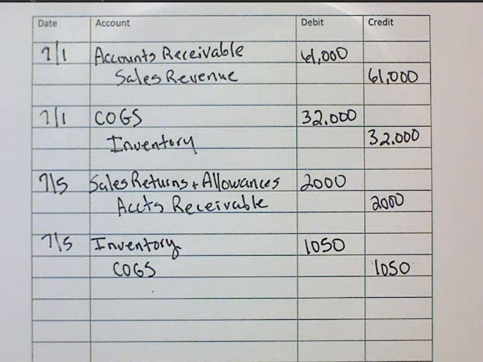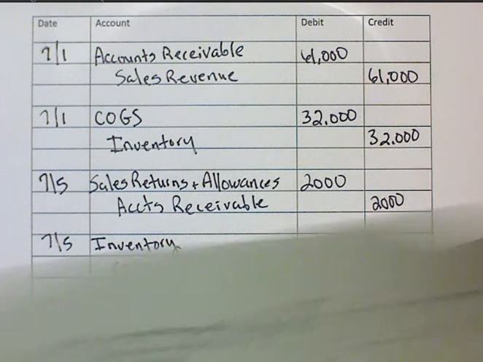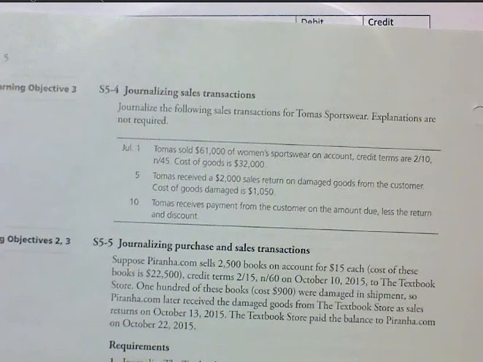And then finally, on July 10th, Tomas receives payment from the customer on the amount due less the return and discount. Okay, so now we need to calculate, we need to find out how much the customer owes. So let's do that. We can examine our T account.